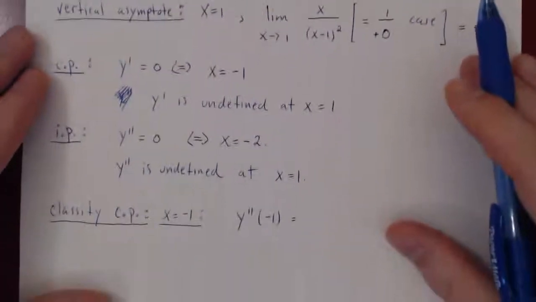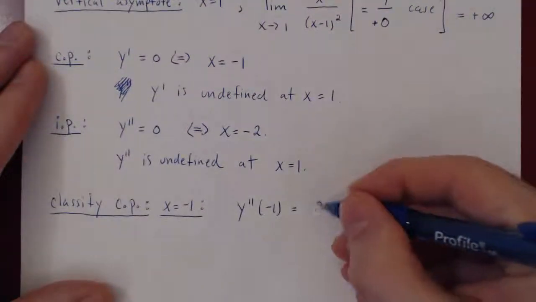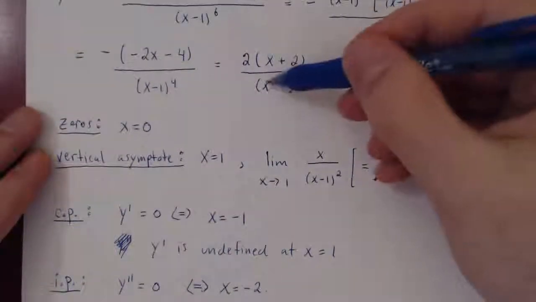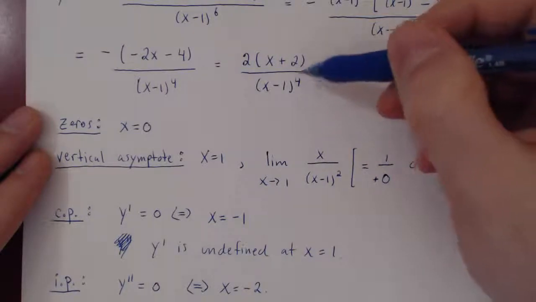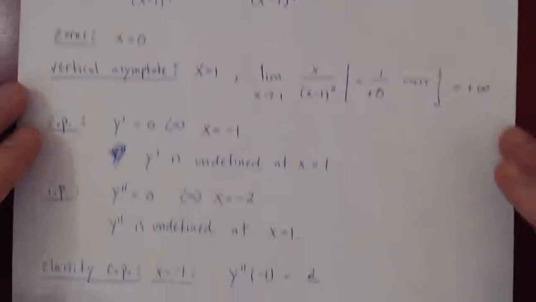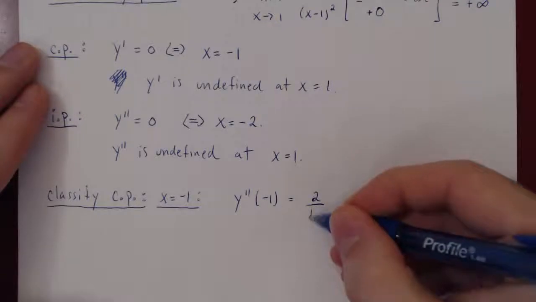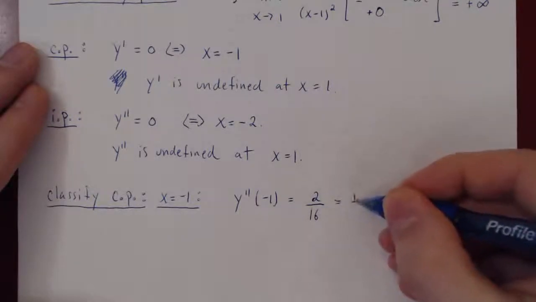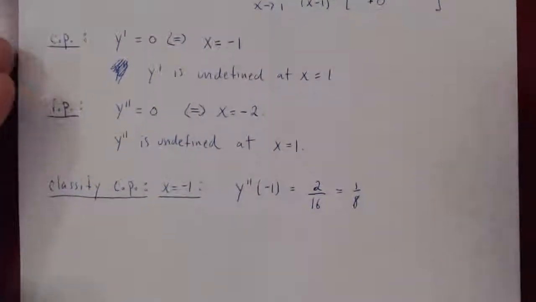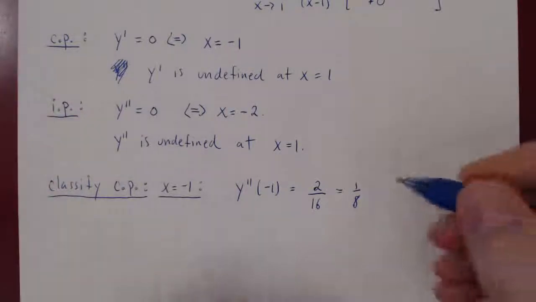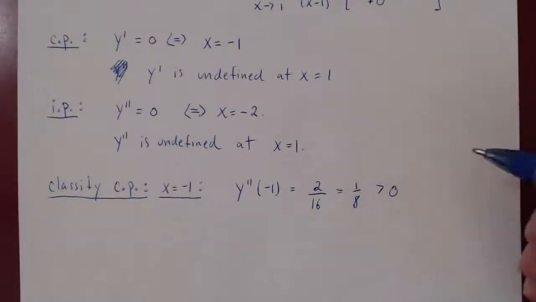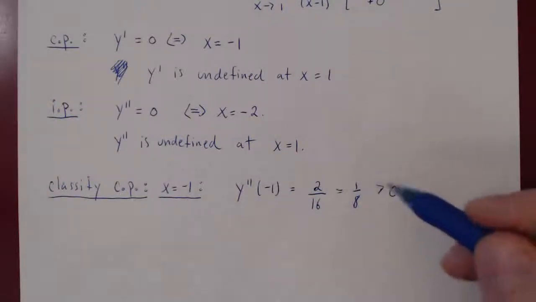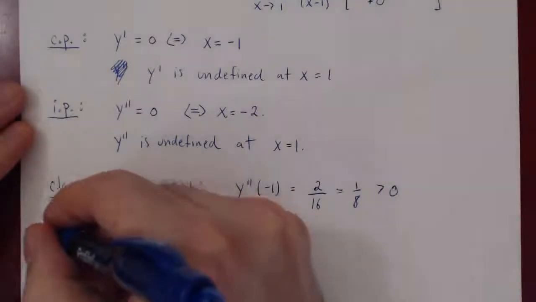So we'll get 2 on the numerator over negative 1 minus 2, which is negative 3... Negative 2 to the 4 is 16, which is 1 over 8. And once again, we don't so much care that it is 1 over 8 as that it is positive. So the second derivative at negative 1 is positive, so the curve is concave up.